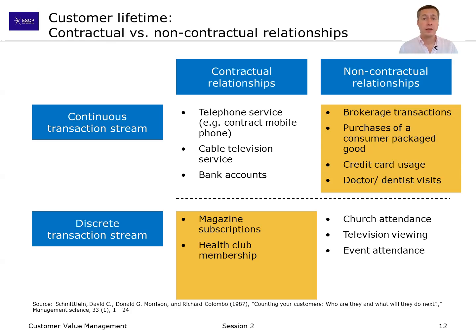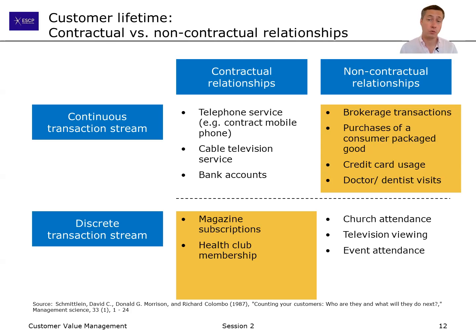It is the company that imposes a time on you. You can only go to a live concert at the time where the live concert actually takes place. So there is a discrete transaction stream because transactions can only take place at very specific points in time.